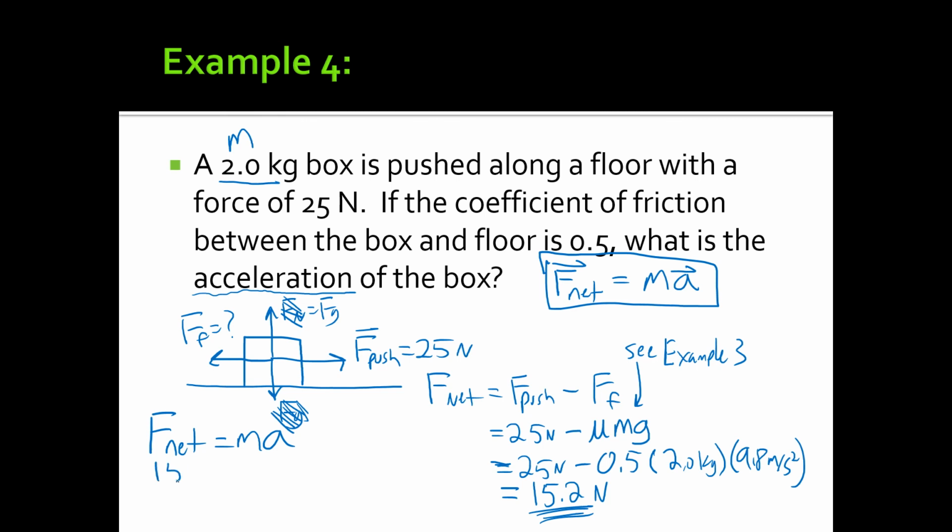We have a net force of 15.2 newtons, a mass of 2.0 kilograms, and an unknown acceleration. So acceleration ends up being 15.2 divided by 2, 7.6 meters per second squared. There is my acceleration.